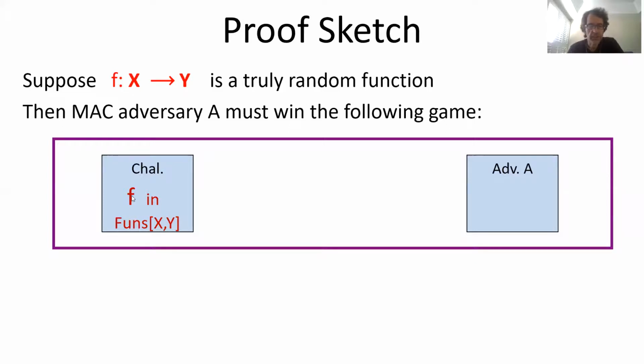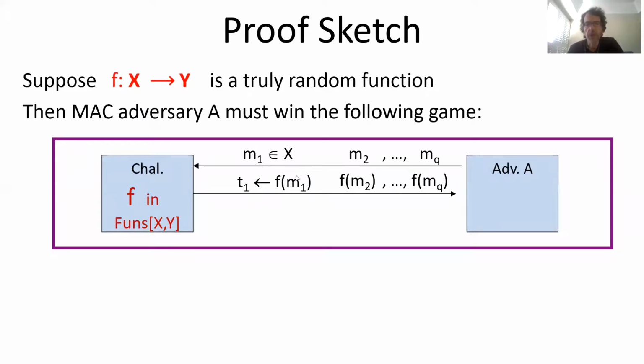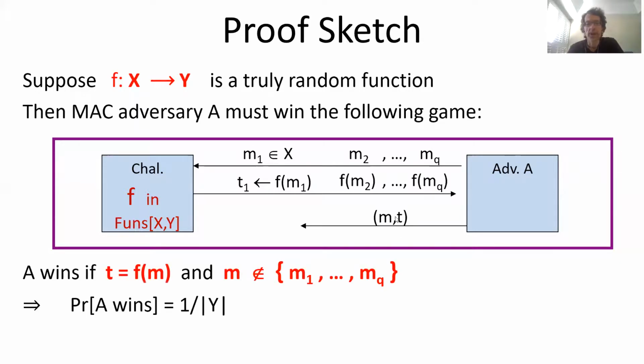So let's just idealize this and think of f as a truly random function. In this case, the attacker gets to see outputs of this little f, and the only way to win is to hit the output of f, to match the output of f on a message on which you haven't yet seen what the function evaluates to. That attack succeeds with probability 1 over the range size.